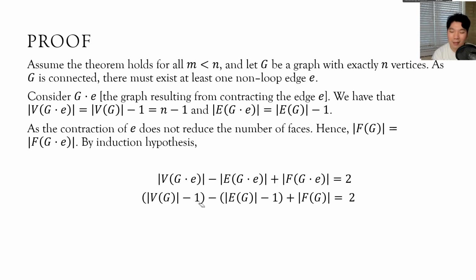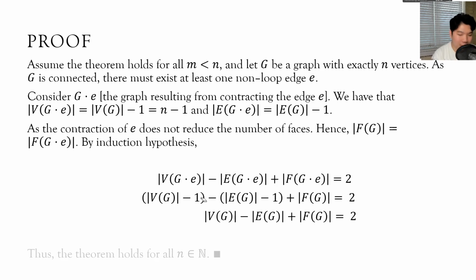So if I clean this up, I have plus 1 minus negative 1, giving me negative 1 plus 1. So these ones form a 0 pair, leaving me with this formula here, which is exactly Euler's formula, which is what we wanted to prove. Thus, the theorem holds for all natural numbers n, completing our induction step.